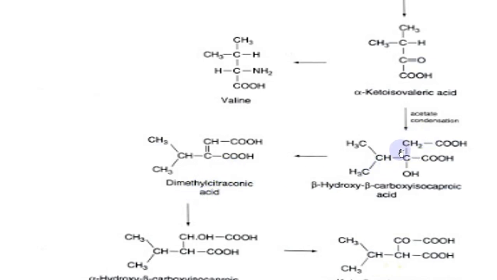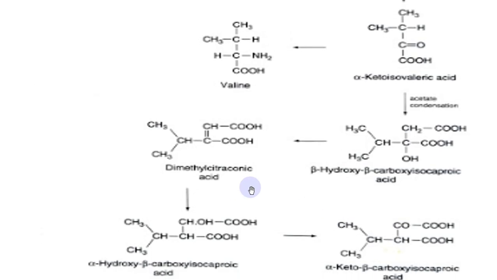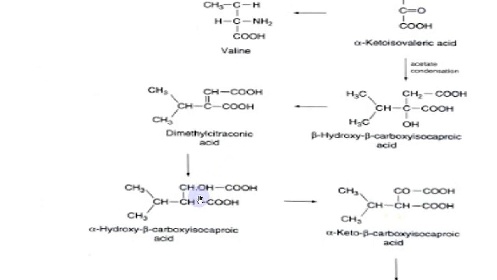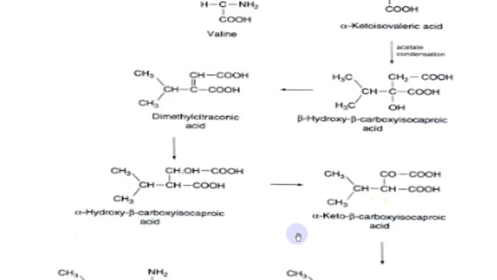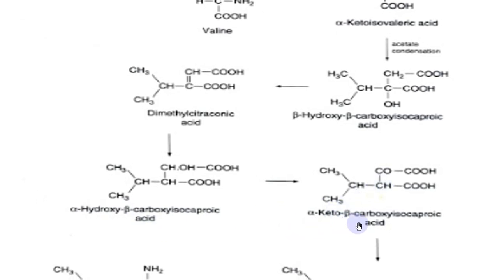So here you can see how the group changes are done. Here dehydrogenation occurs at this level, and this hydroxyl group gets involved over this carbon. Here it changes, you can see that it forms alpha hydroxy beta carboxy isocaproic acid, which further gives alpha keto beta carboxy isocaproic acid.